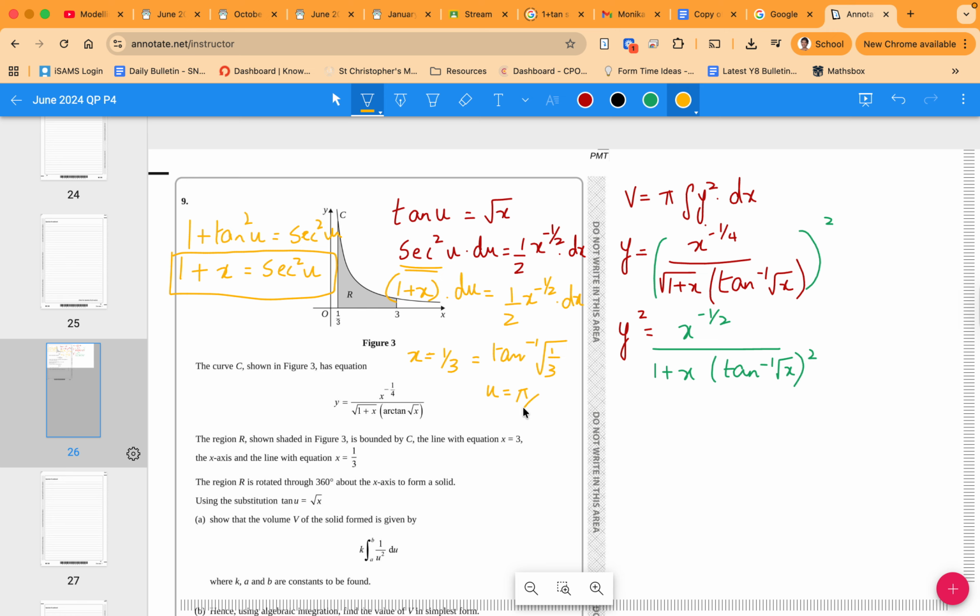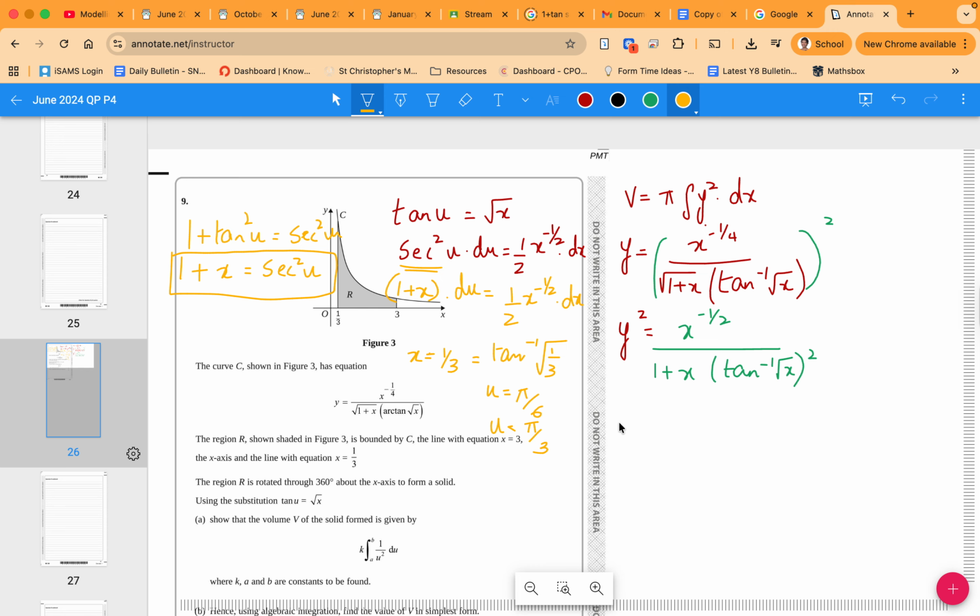So u equals pi over 6, and if we do the same thing for root 3, we get pi over 3. So there are two limits, going from pi over 6 to pi over 3. Now we're going to substitute it back in.